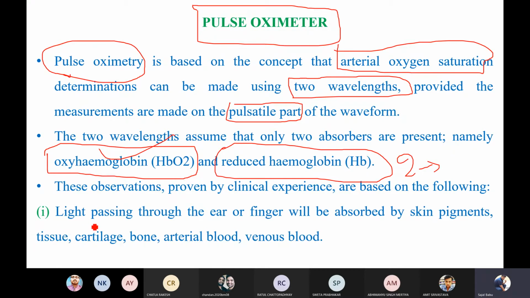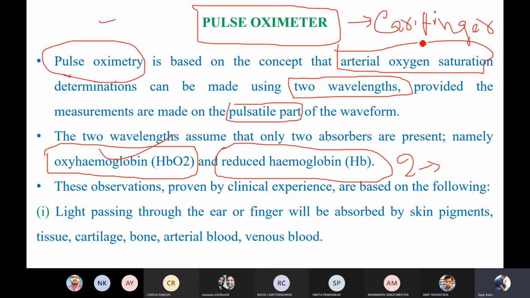So when the light passes through the ear, the thing we have to remember here is that this particular pulse oximeter will be attached to your ear, or it will be attached to your finger. Okay, these are the only two parts where the pulse oximeter is going to be attached.